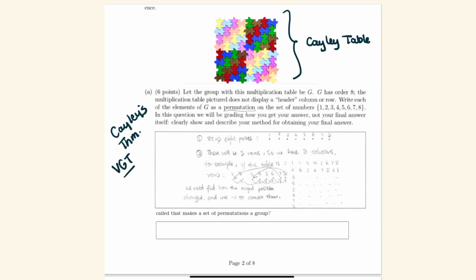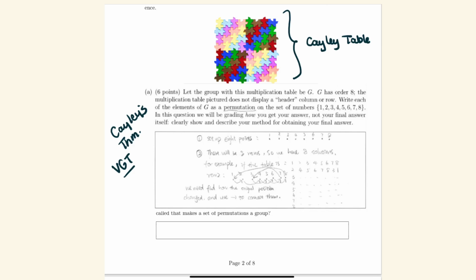So for example, let me just highlight it here. Instead of position 1, there is a number 2. In place of position 2, there is a 4. In place of position 3, there is a 5.